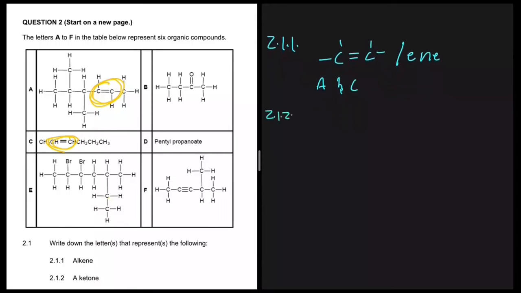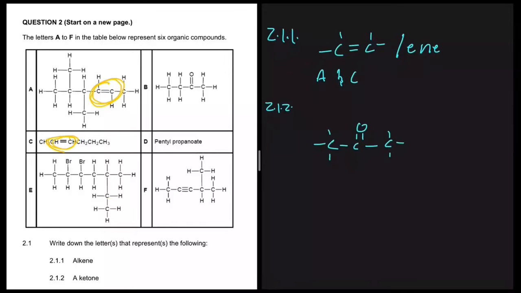2.1.2, which letter represents a ketone. Again, we're going to look at the functional group of a ketone. For a ketone, we need a carbon that is bonded to an oxygen and then bonded to two other carbons, right? So if we see something like that, or a name that ends with O-N-E, then we know that we have a ketone.